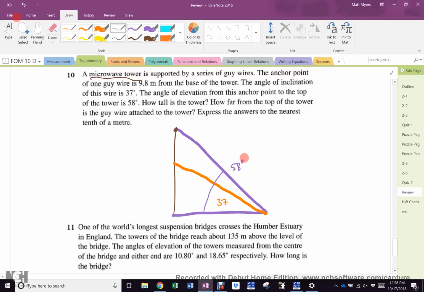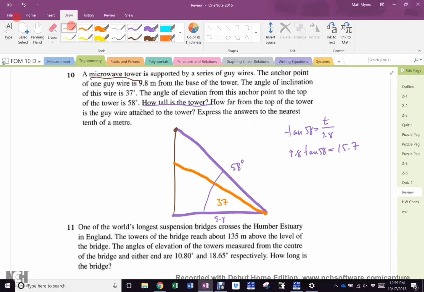Which one will tell me how tall the tower is? 58. So, 9.8. Tan 58 equals opposite, the height of the tower, over 9.8. 9.8 tan 58. It's like 15.82 or something. Great. 15.7.